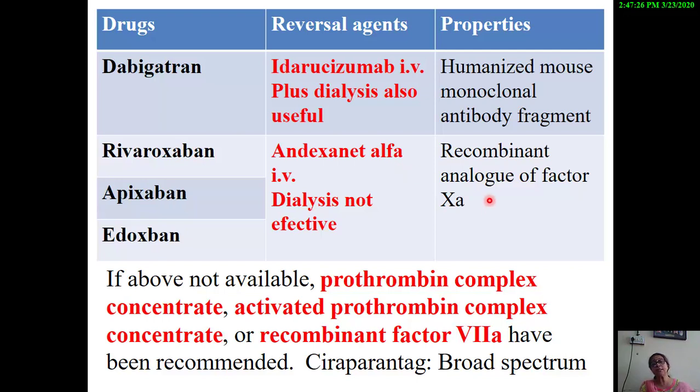But because this is a modified form of factor 10A, it does not form a part of the prothrombinase complex. So with andexanet alfa also, complexes form between andexanet alfa and rivaroxaban, apixaban and edoxaban.